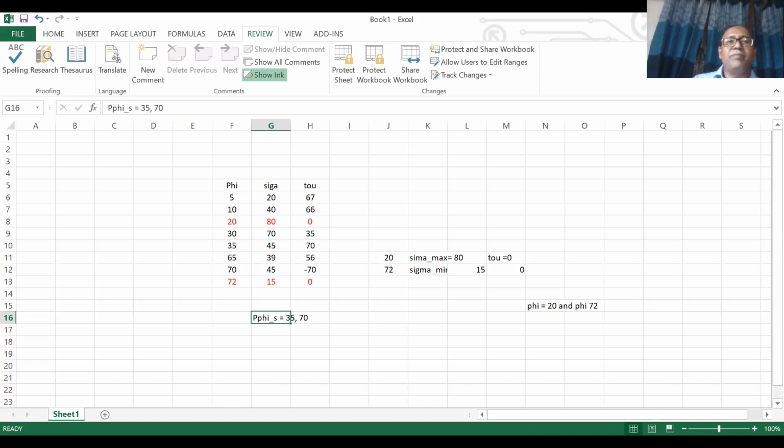Sometimes we put a question in the exam: what do you mean by principal plane or principal stress? What is the maximum shear plane? The maximum shear plane is the plane where the shear stress value is maximum.